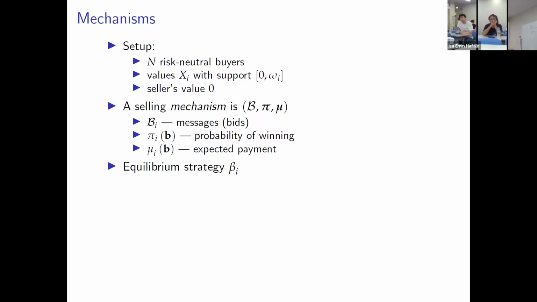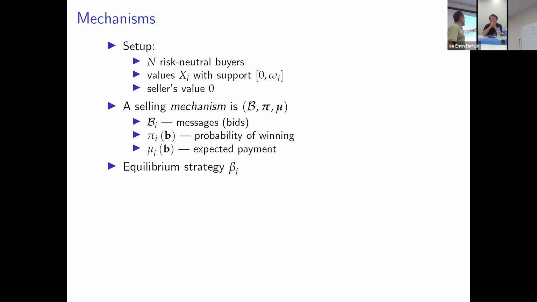So we can have a more general setup in which again we will have incomplete information, private information. So we will have a number of risk neutral buyers. They will all have some values. So it's going to be also a private value setup, from, let's say, 0 to w_i. So we allow for them being different. So now we don't assume symmetry. We assume these value distributions are agent specific.